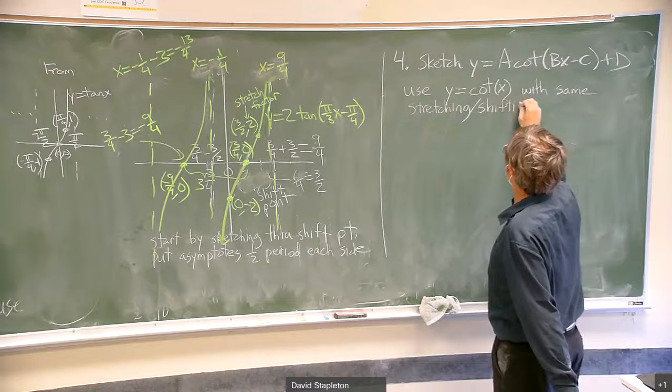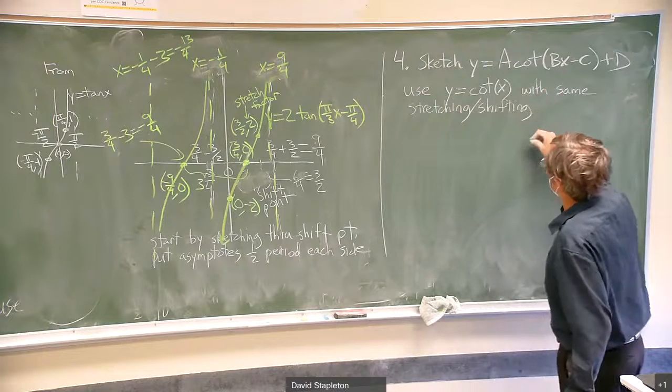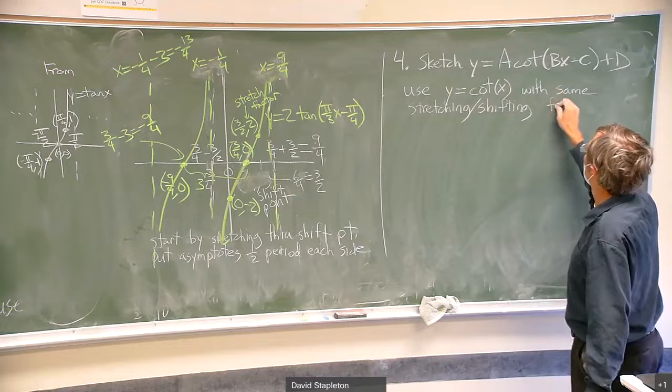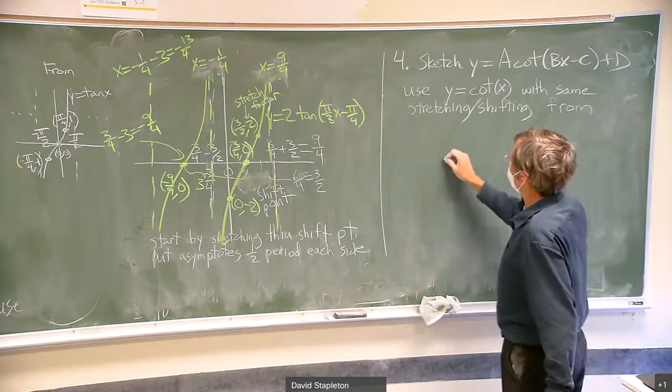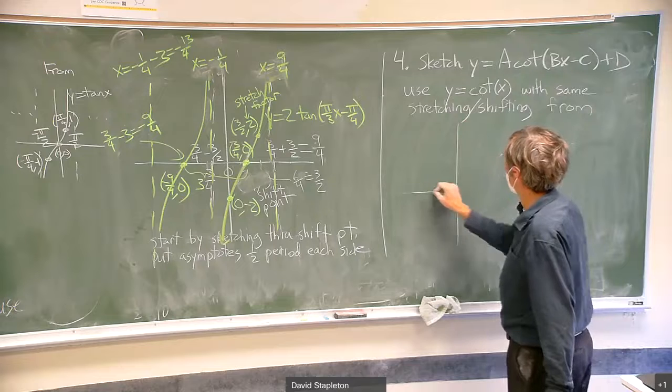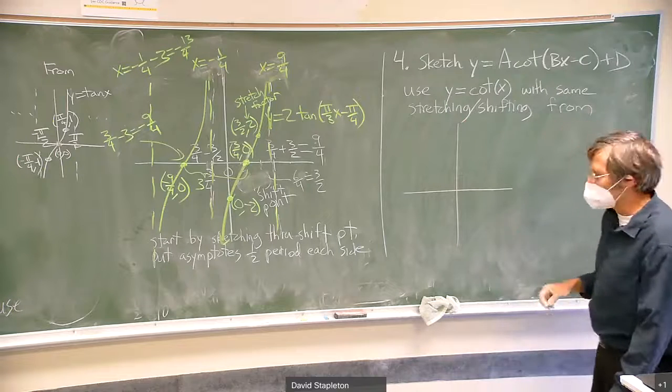So we're going to start with the graph of cotangent. What does the graph of cotangent look like? And we can get it just like this.